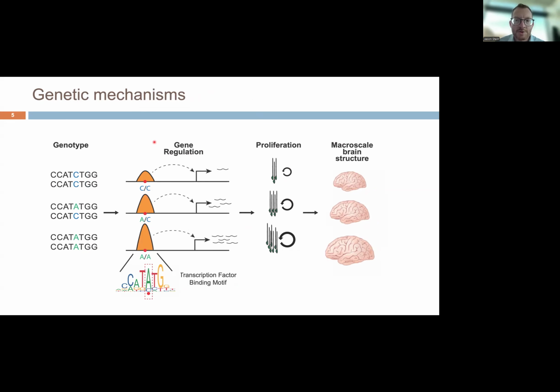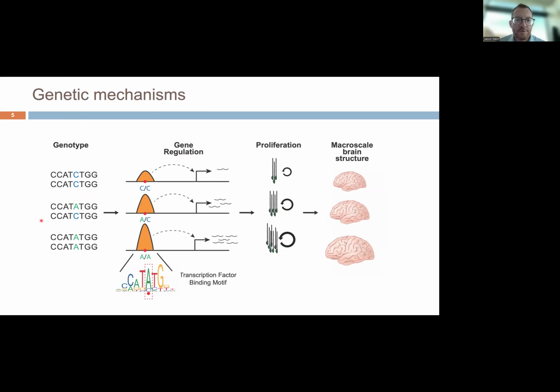So our lab aims to find genetic variants associated with different brain structure traits and also explain their molecular mechanisms. The way we do this generally is to use populations of individuals with inherent genetic variation and determine whether genetic variation is associated with differences in each of these different phenotypes.